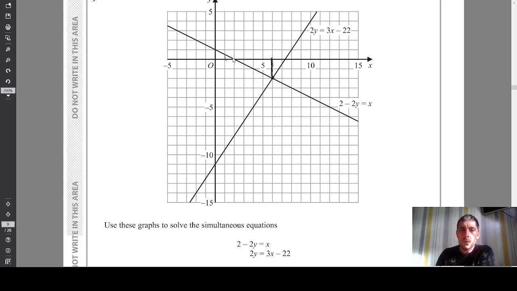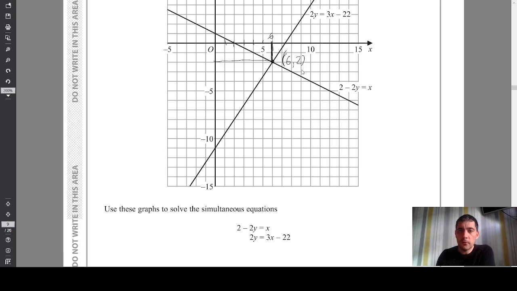So the scale goes 1, 2, 3, 4, 5, and 6. And for the y coordinate, it would be 2. All you have to do is get the coordinates of the intersection point, start with x and then move to y. So we've got 6 and 2. And that's going to be your solution.